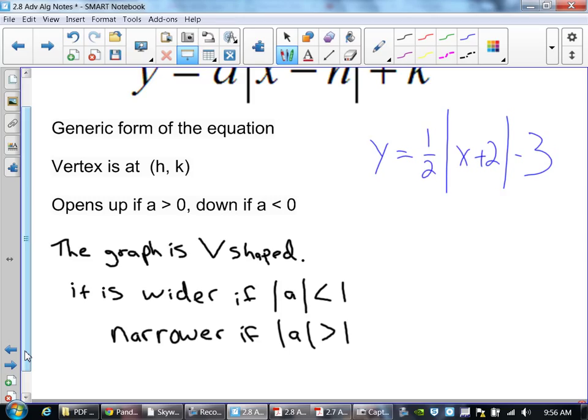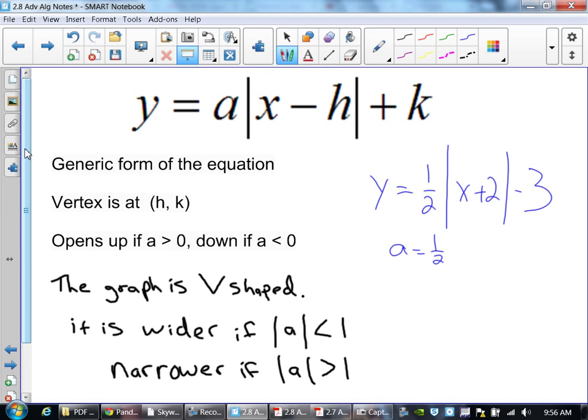The slope is 1/2, because A is 1/2. I know my center is going to be located at H and K. Remember, x minus H. So if it's x plus 2, what is the value of H? Minus 2, very good. My center will be at -2, comma, -3.